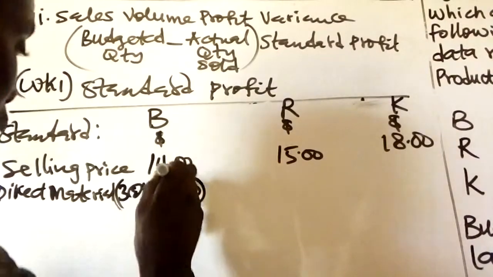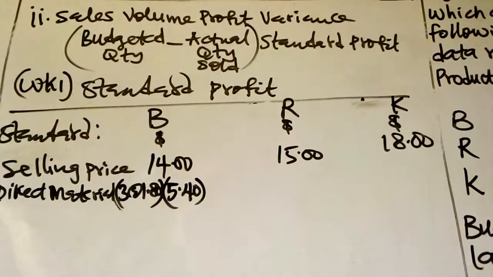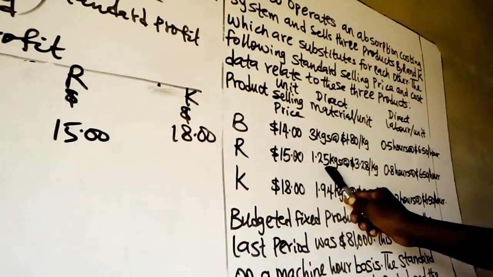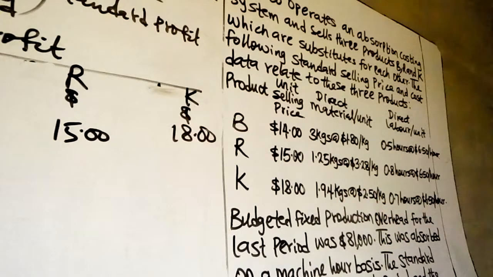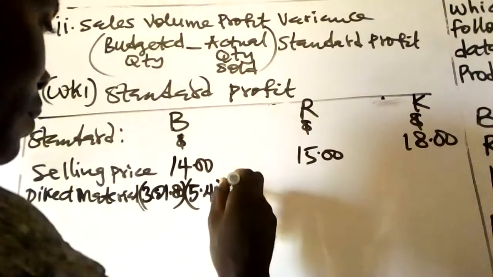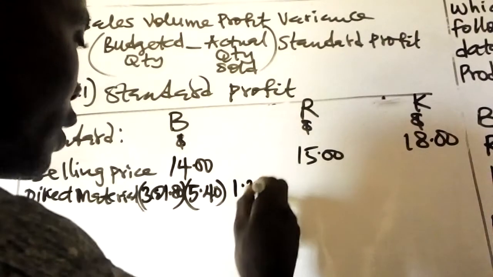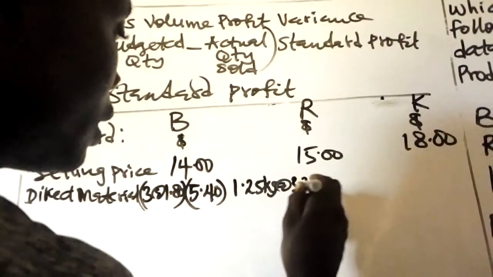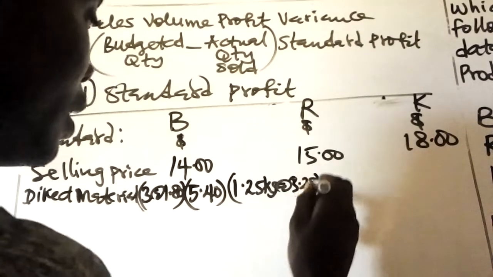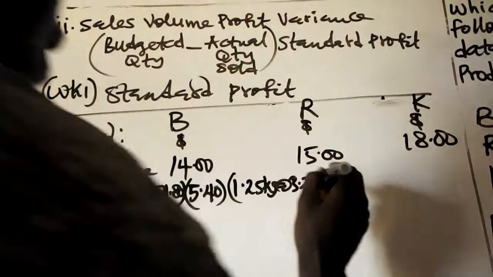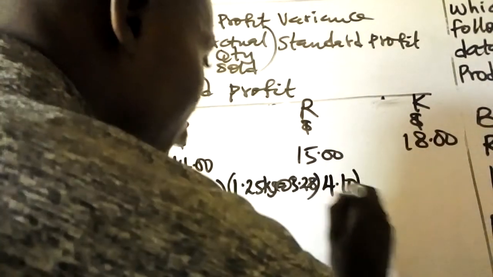You want to less those costs, so that's why I put it in braces. For R, the direct material cost is 1.25 kg at $3.28 per kg. So 1.25 times 3.28 gives us $4.10.